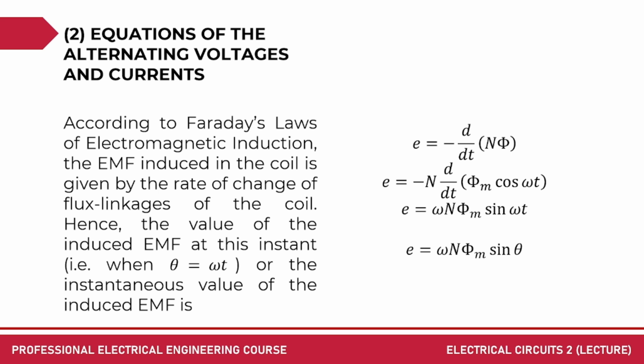The equation here is the negative of the first derivative of the flux linkage, n times phi. After that, you'll get omega n phi sub m sine theta by simply getting its first derivative.